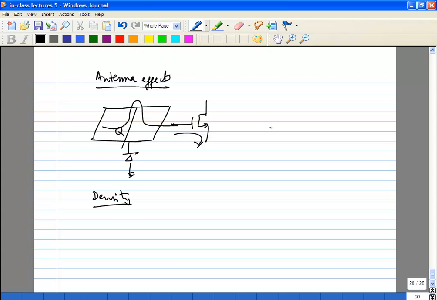Typically for metal, you need to have 80% of your chip area covered with metal on each metal layer. This is very typical. Let's say 80%. So you could have requirements like this.